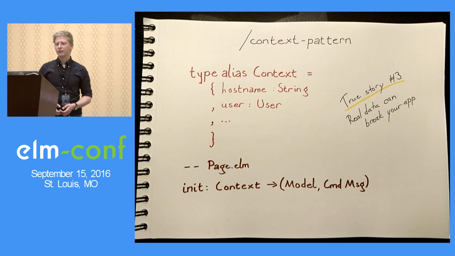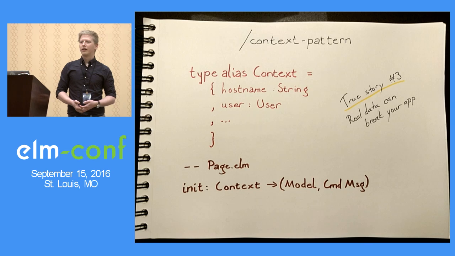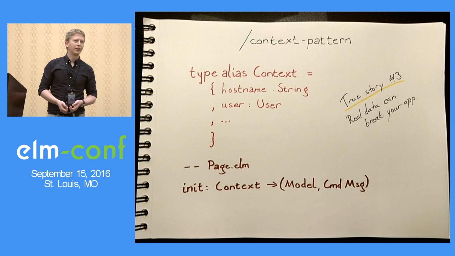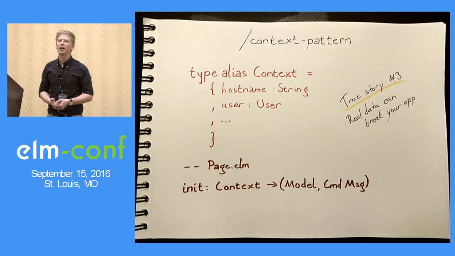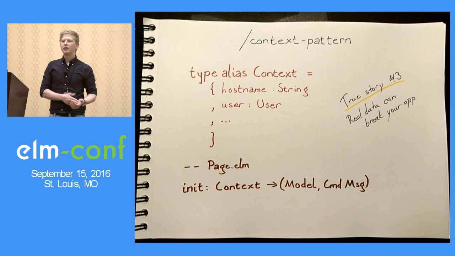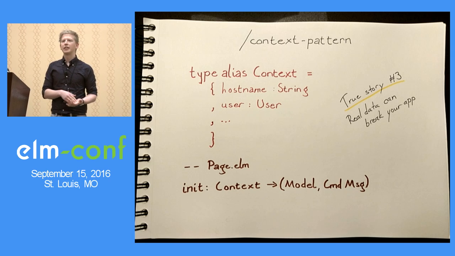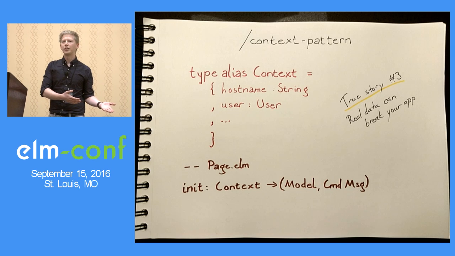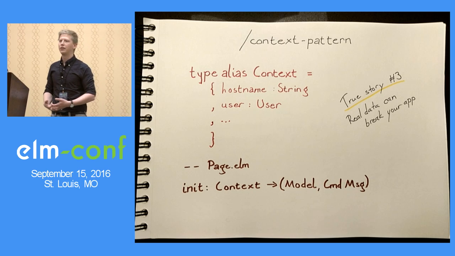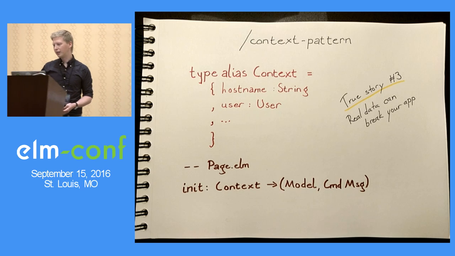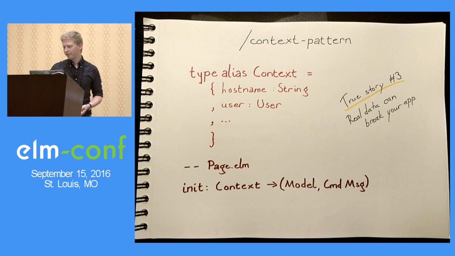So how you use it, I have an example here on the page.elm page module. You have an init function that has context as a parameter. So then you can store it in the local model if you want to, or you can pass it only to the view function if you so wish to. So it's a very versatile pattern that really works.